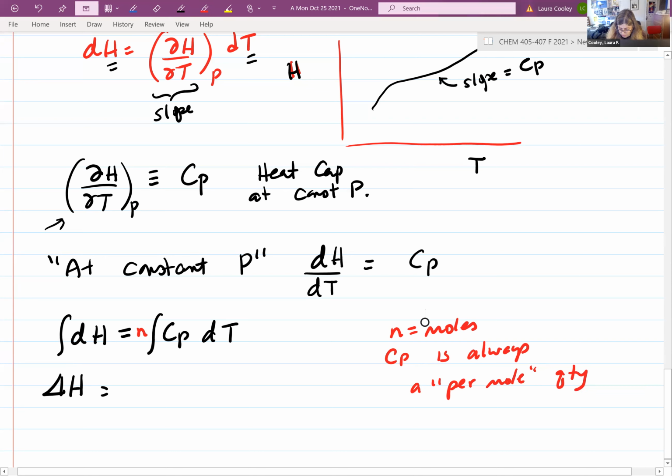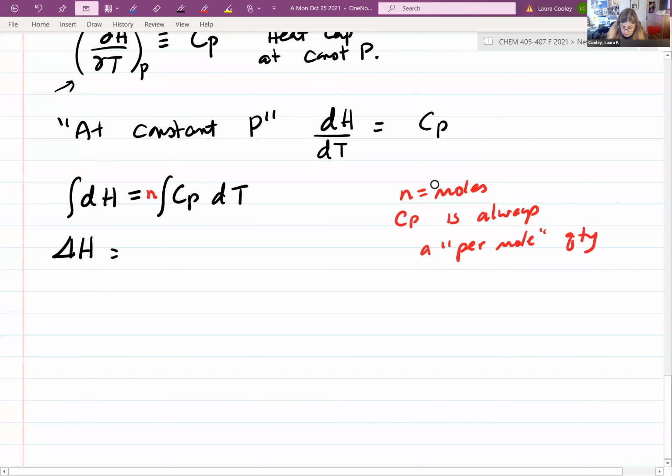And now I can take CP out of the integral sign, so the condition really is if CP is constant over the temperature range, okay, then I can take it out.